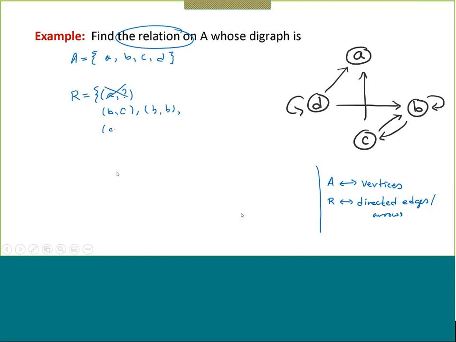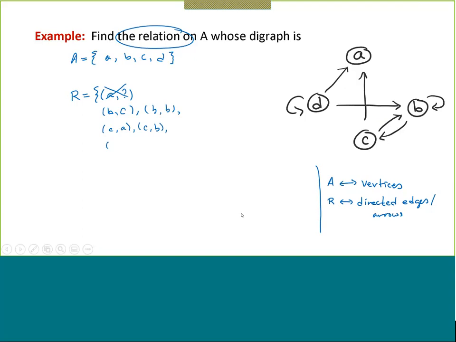So then, just strategically moving on to C, do we have any arrows that start at C? It looks here like we have 2 arrows leaving C, so that would mean 2 arrows start at C. We have 1 arrow that goes C to A, so that would be C comma A. And we have another arrow that goes C to B, so that would be C comma B. And that's it.